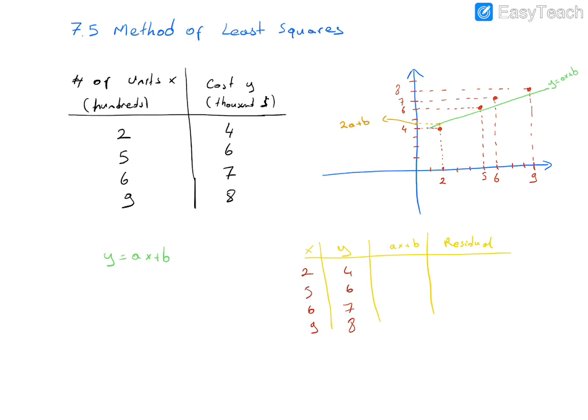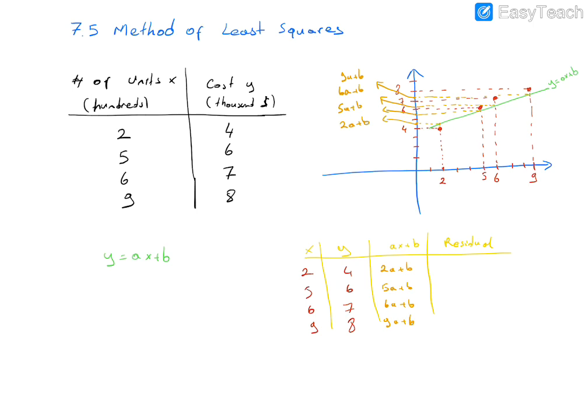For the point 5, this is 5a plus b. At the point 6, this is 6a plus b, and for x equals 9, this is 9a plus b. The y values are the exact values. The ax plus b values are the approximate values.